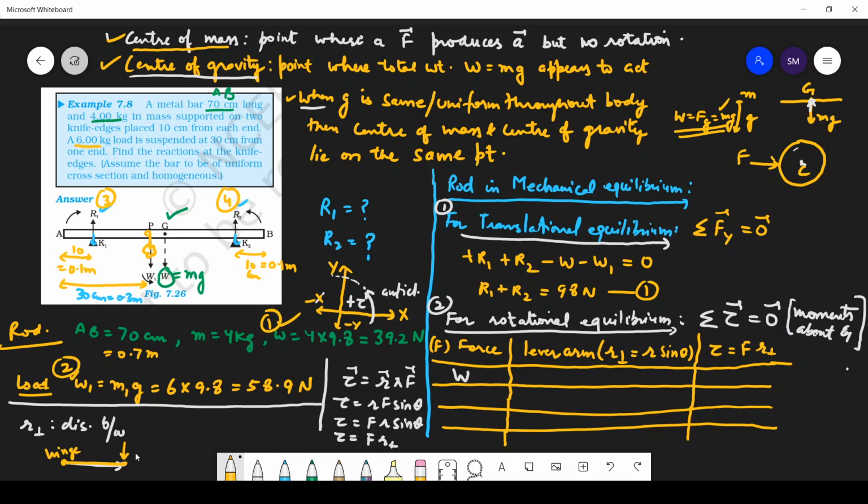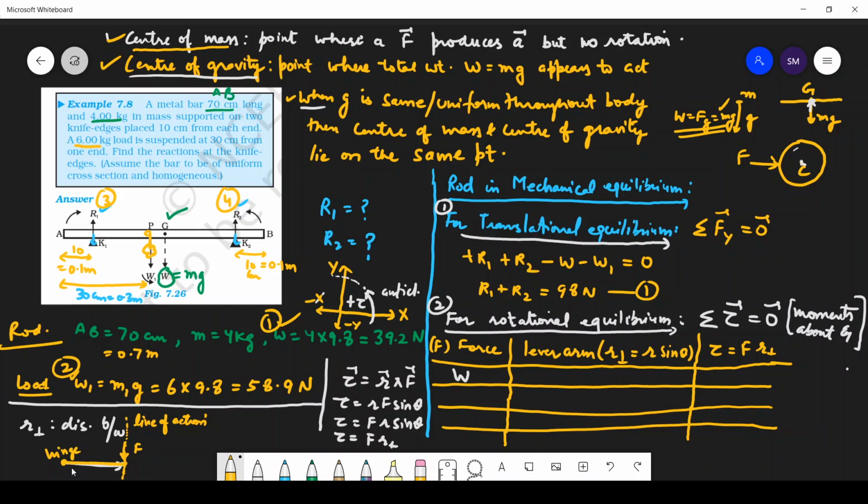So there will be rotation motion. So you are applying the force F over here. Okay, so this we call line of action. This force, extend this line. Okay, what do we call it? Line of action.